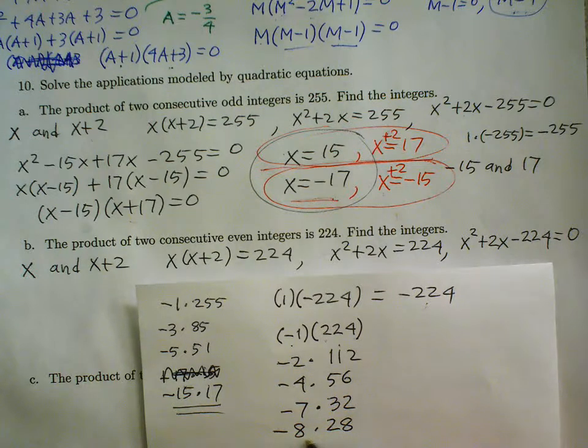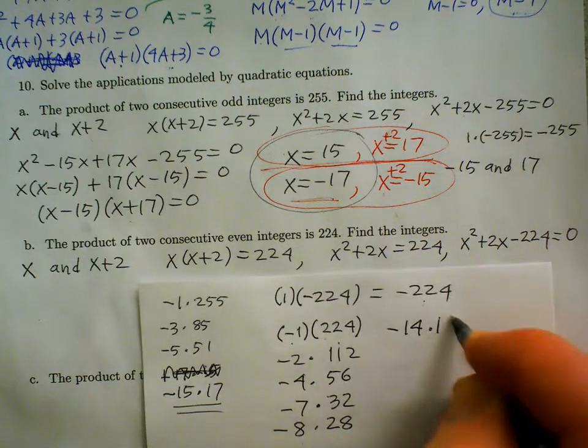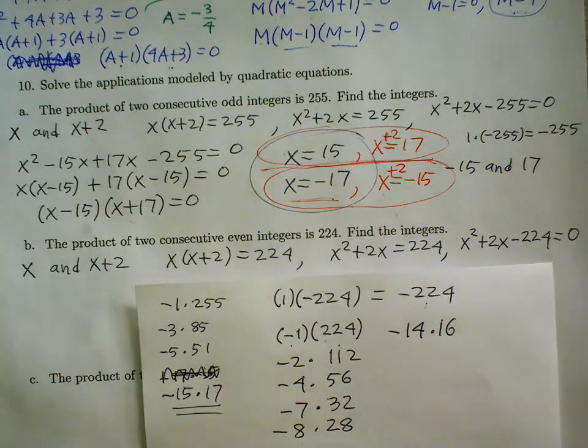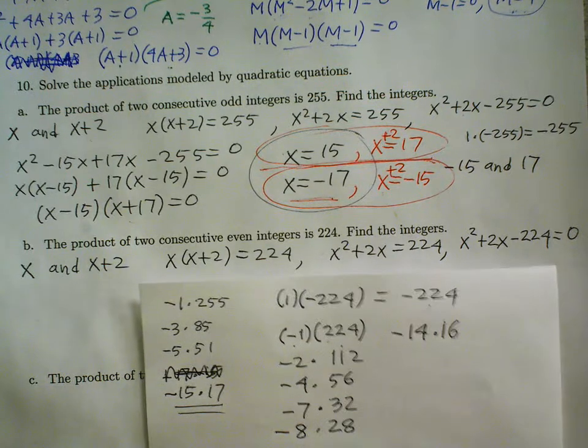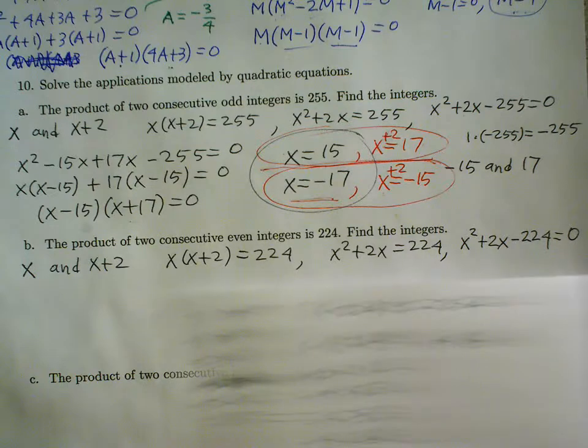Negative 9 is not a factor. Negative 10 is not a factor. Negative 11 is not. Negative 12 is not. Negative 13 is not. Negative 14 times positive 16. Yeah, negative 14 and positive 16.